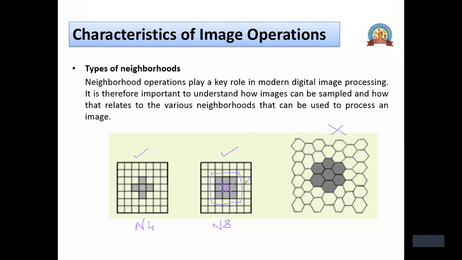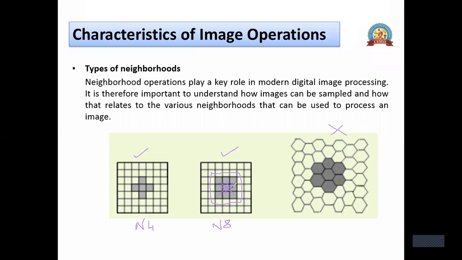Not more than 15, that is 12 plus 8, 20 neighbors. Okay, no, 16 plus 8, 24. And 24 neighbors like this, or you can just have this particular image, these particular pixels, and we can call it that.